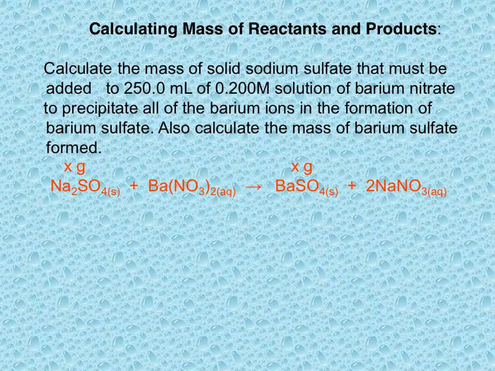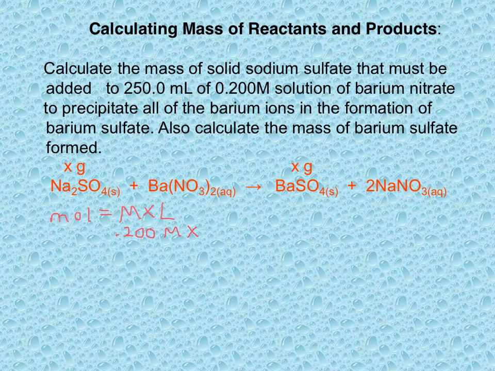So my first task is to find out how many moles I would have of the barium nitrate. Moles are found by multiplying molarity times liters. The molarity of the barium nitrate solution is given to us at 0.200 molar. So 0.200 molarity times the volume, which is given in milliliters.